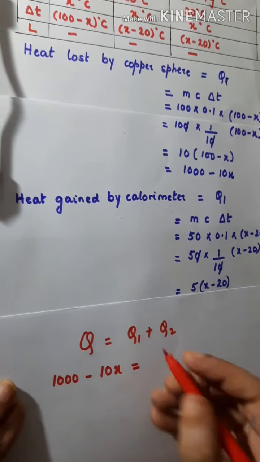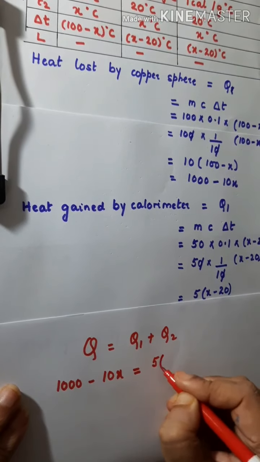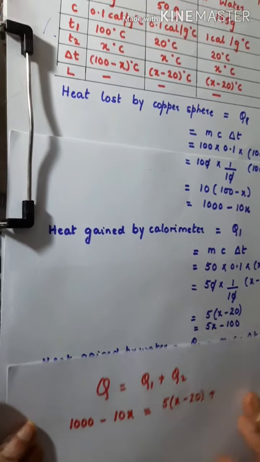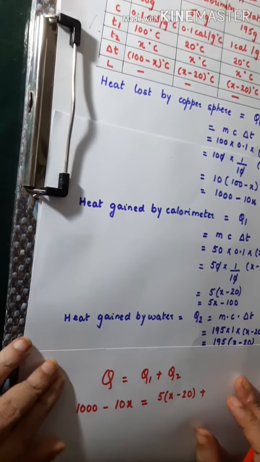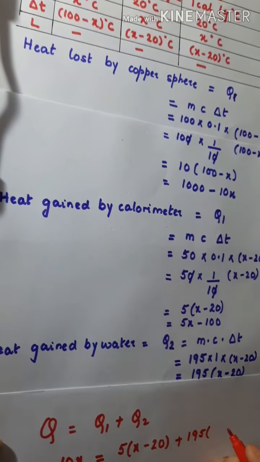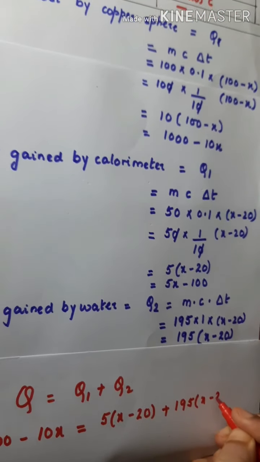Q1 is 5 into x minus 20, plus my Q2 is 195 into x minus 20.